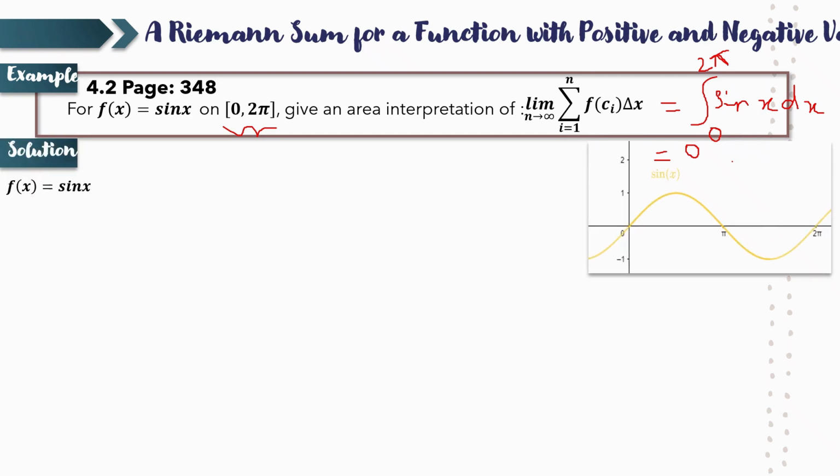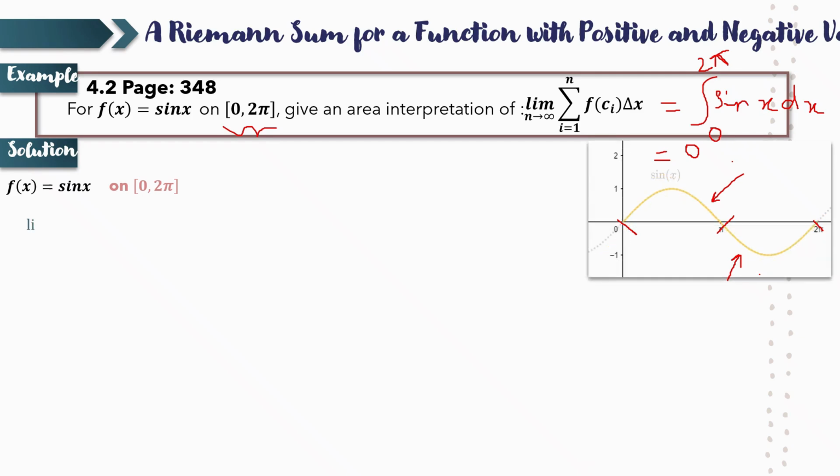But please note when you draw the wave, you will have intersection points with the x-axis at 0, pi, 2 pi, 3 pi, 4 pi, etc. So it's equally divided. From 0 to pi, it is above the x-axis. From pi to 2 pi, it is below the x-axis. Let's use this concept. Above the x-axis we consider positive, and below the x-axis we consider negative.